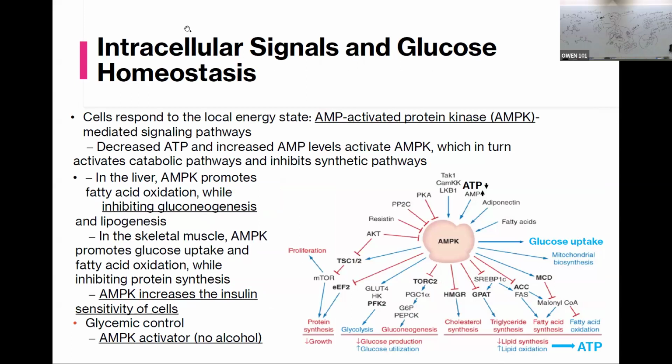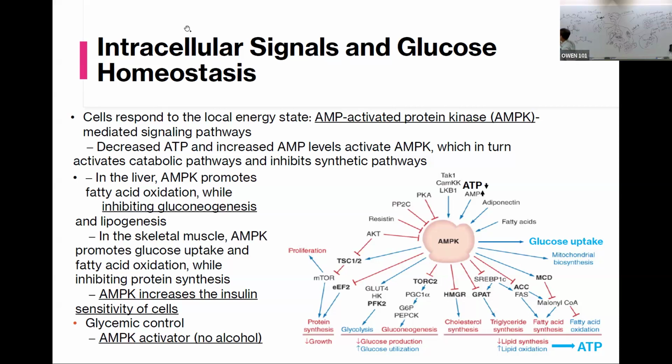Now, related to the homeostasis of this, just to make it easy, don't worry too much about all this, and don't even try to memorize it, okay? But just think about this. Start from ATP. When ATP is down, what does that mean? You need more energy, right? When the ATP concentration is down in the cell, that's bad.